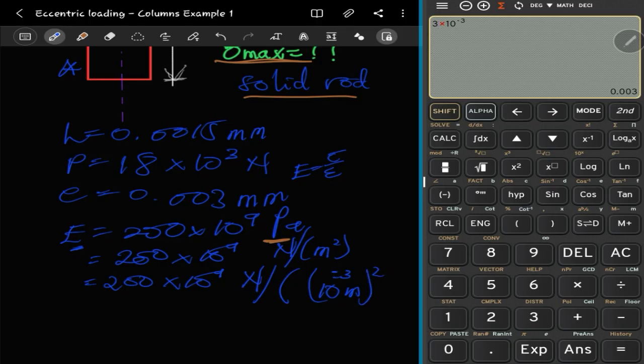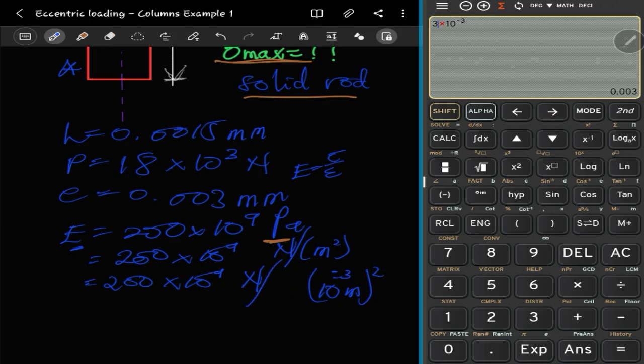Because we are introducing this, we are actually doing something to cancel it out. If it comes out, it becomes 10 to the power minus 6. I'm going step by step so we can see clearly what's happening.